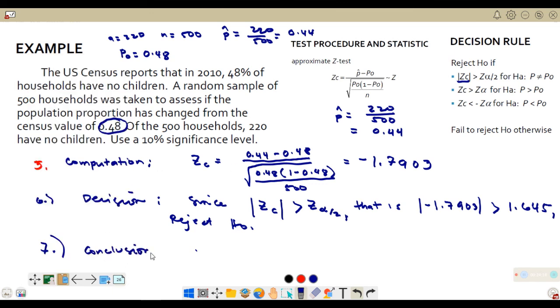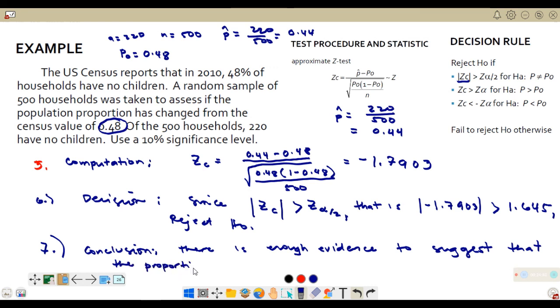Conclusion. So, there is enough evidence to suggest that the proportion of household with no children is not 48%.